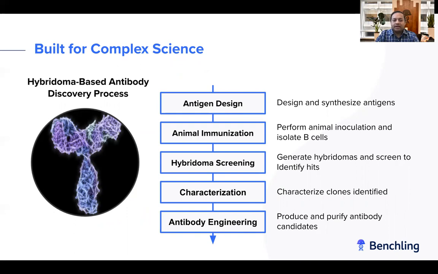As an example, in the case of a hybridoma technology based antibody discovery process, the science here generally involves antibody design to select and create immunogen relevant to the target you're going after, animal immunization in transgenic mouse to generate the antibody producing B cells, cell fusion selection and screening to select ideal clones, characterization of the clones produced, and then antibody engineering to produce the antibodies of interest. While this is a very simplified view of the process, it's actually very complex to model this.